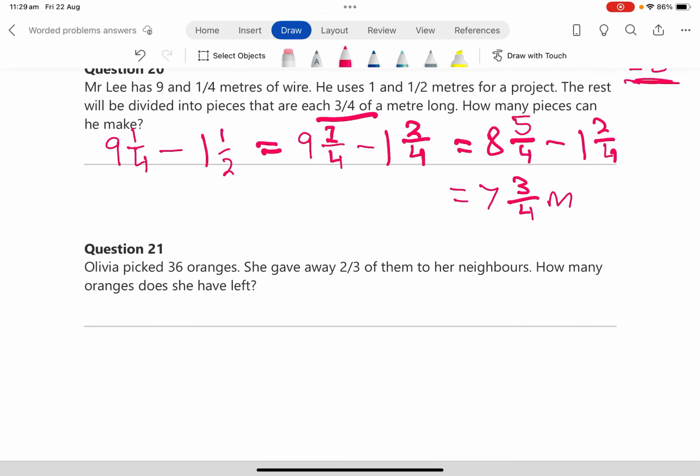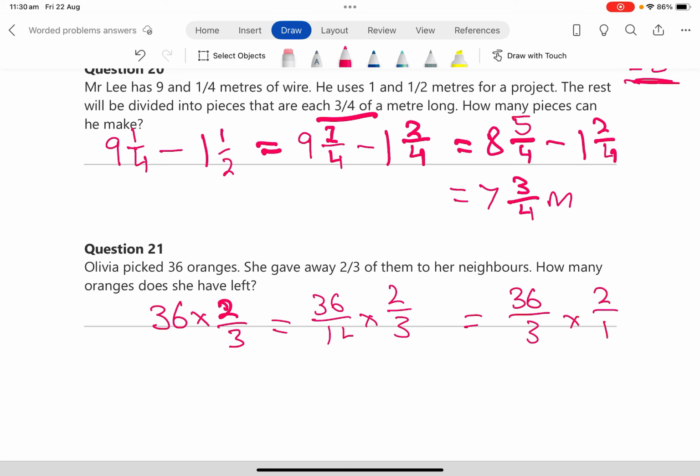All right, last one. Olivia has picked 36 oranges. She gave 2/3 of them to her neighbors. How much does she have left? So this is a case where we have to work out what 2/3 of 36 would be. So we multiply in order to find that out. You guys will know that that's 36/1 times 2/3. And I can once again use this butterfly idea where I treat this as 36/3 times 2/1, matching up those ones with the arrows.